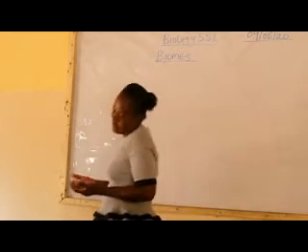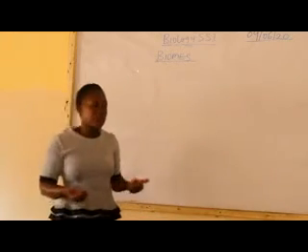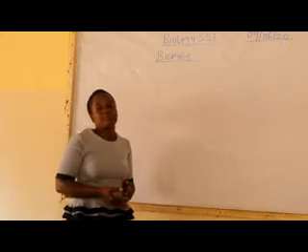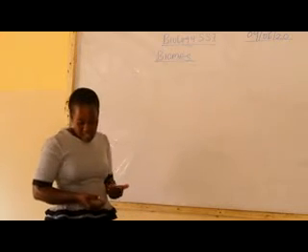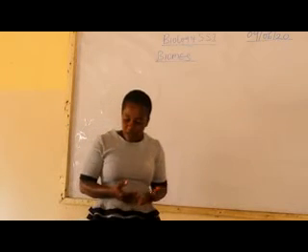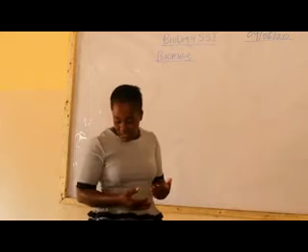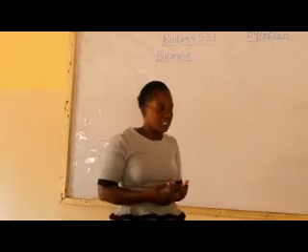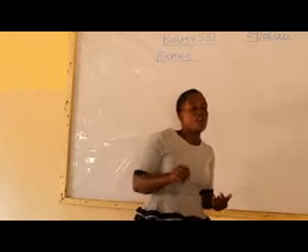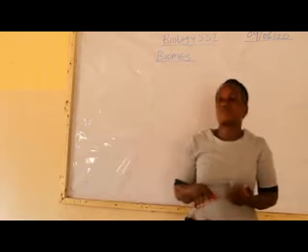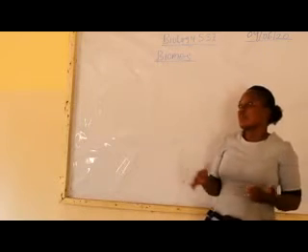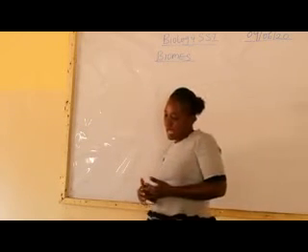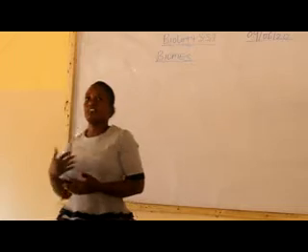Then last week we talked about levels of organization. The levels of organization in biology are from cells, which is the smallest unit of an organism. A group of cells come together to give us the next level, tissue.